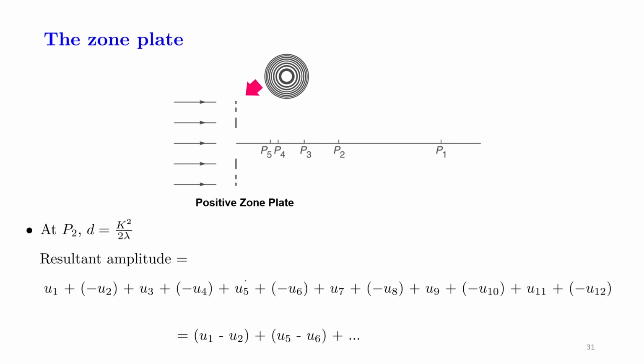Between the points P1 and P3, there is a point P2 at a distance k square divided by 2 lambda. Let us now try to find out the resultant amplitude produced by the zone plate.